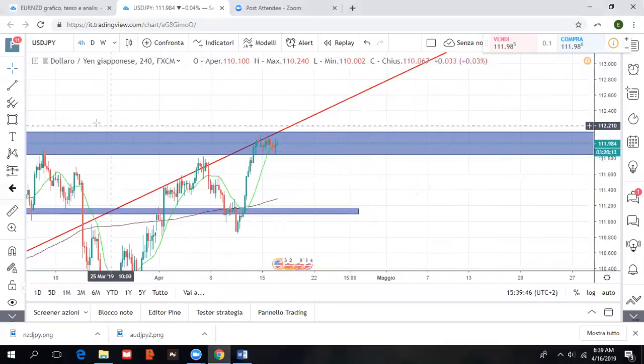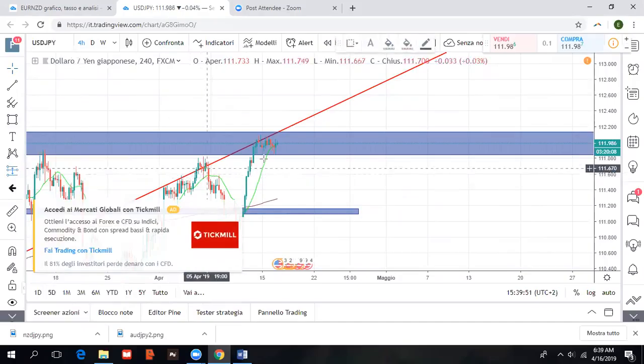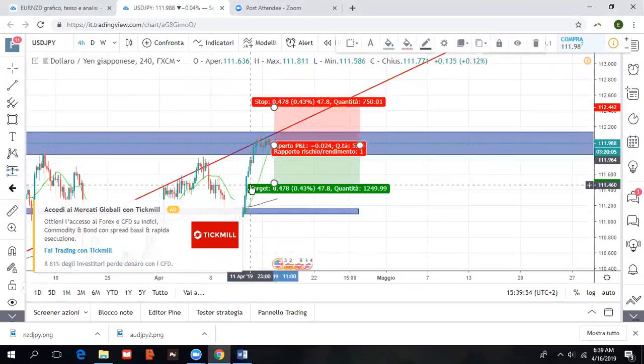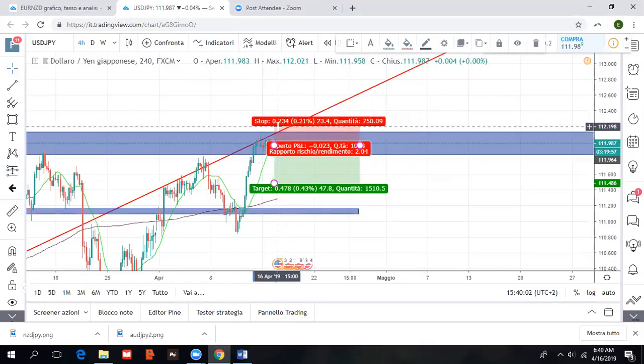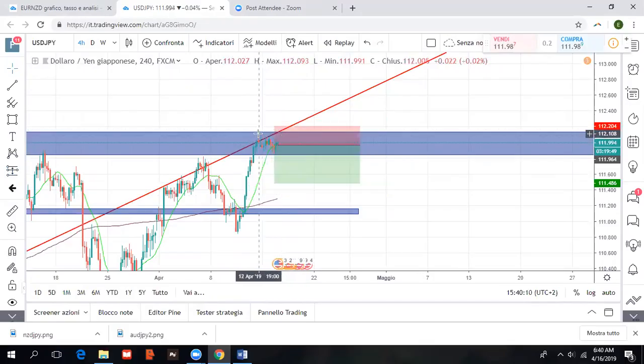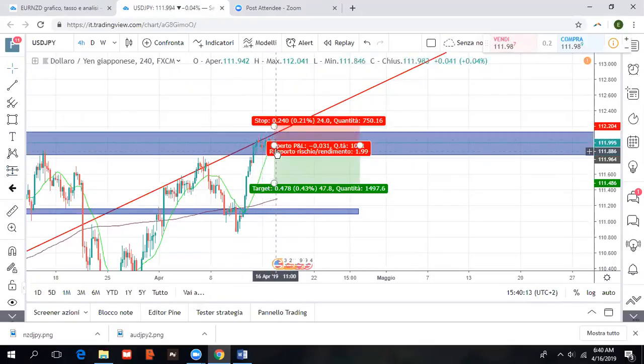So for example, for USD/JPY, if we enter a short position, and we are in a short position right now, and let's say we will put our stop loss at 112.20, and we will put the stop loss at this point because it is above the resistance area, which means that if the price breaks this area, then we will turn in a bullish momentum and our trade will become invalid.